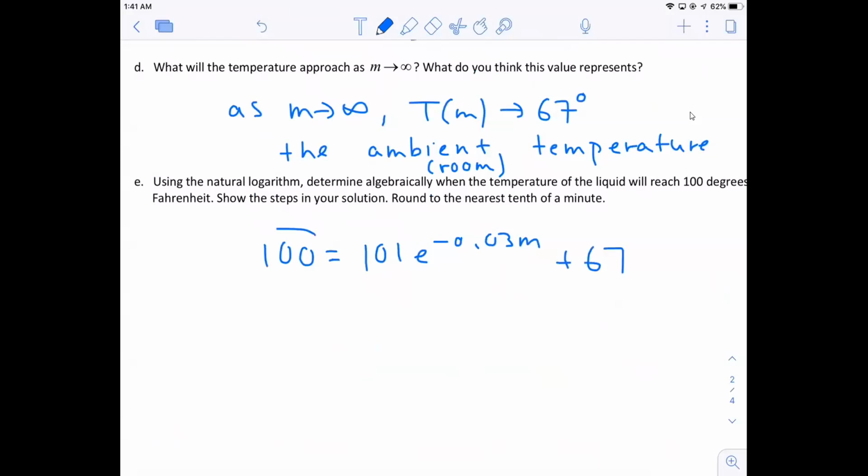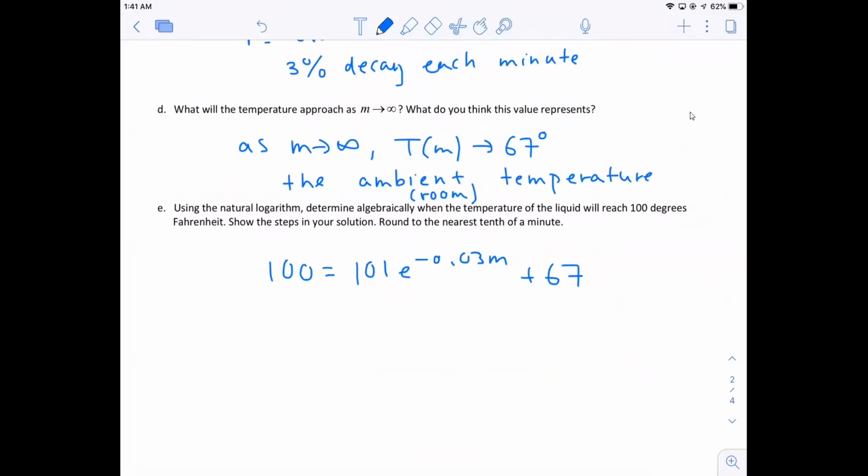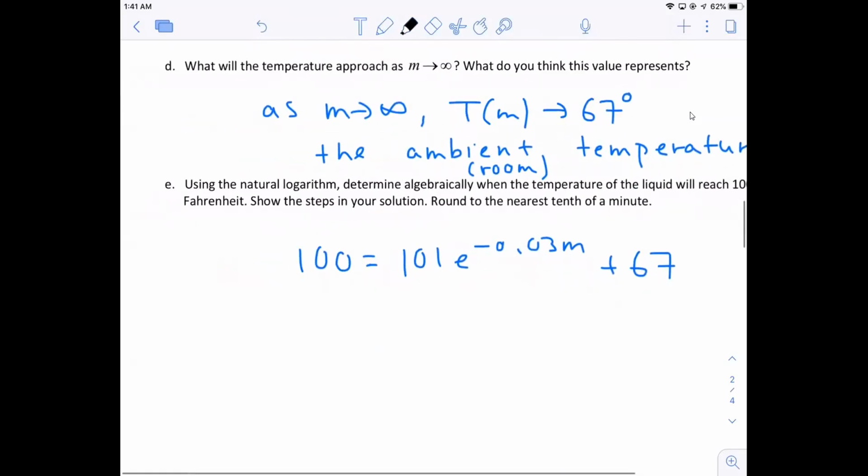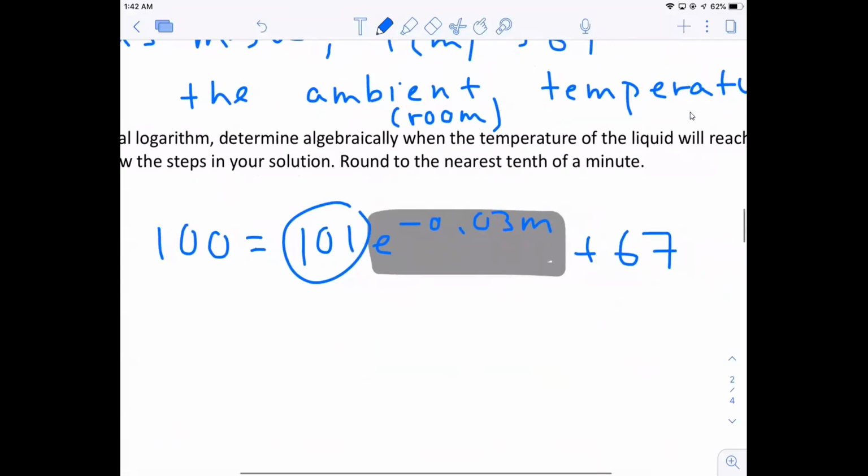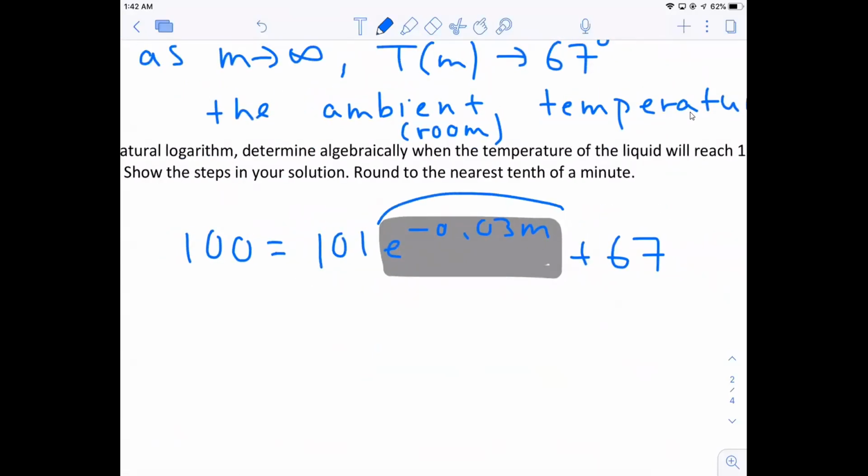So I set the temperature equal to 100, and all we've got to do now is solve this equation, right? So to solve this equation, you want to isolate this exponential expression I'm highlighting right there with the base, right? You don't want any coefficient, you don't want anything added or subtracted with it. So we're trying to isolate for this.